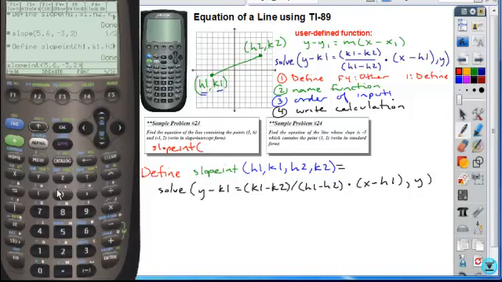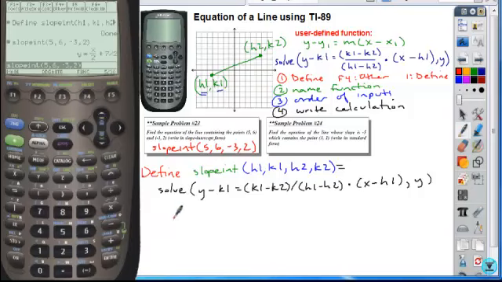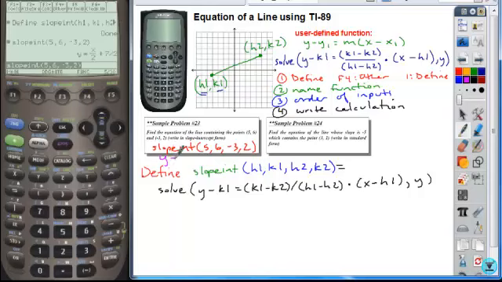Close it off. When I hit enter, I should get my equation. As you see, the equation in slope-intercept form is 1/2 x plus 7/2. And if you compare this to what we did for sample problem 23 by hand, you'll see that it's the same thing.